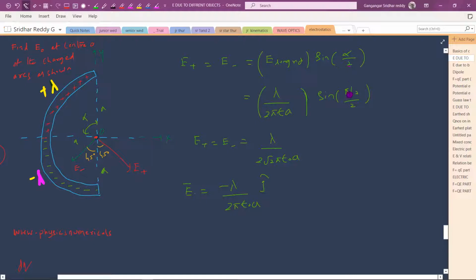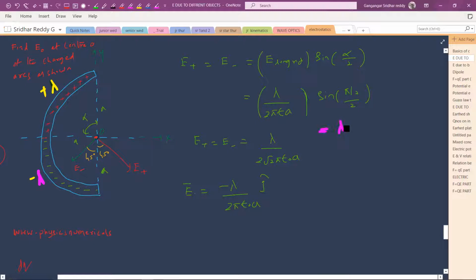So that alpha is the angle subtended, so I'll write pi by 2. What is the field due to a long rod? This should be equal to lambda by 2 pi epsilon naught A. What is A? A is the radius of the ring. So I'm going to substitute here. Then pi by 2 will become pi by 4. Sine pi by 4 will be 1 by root 2.